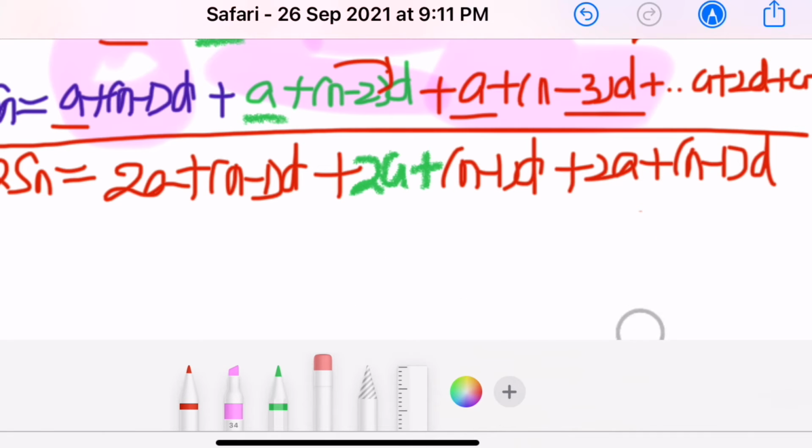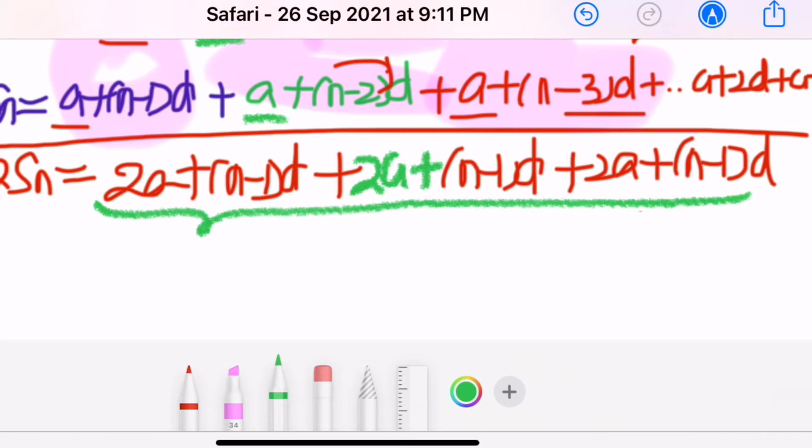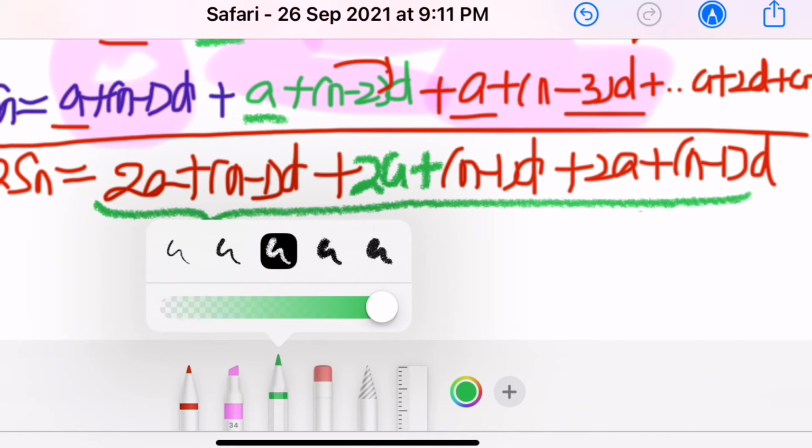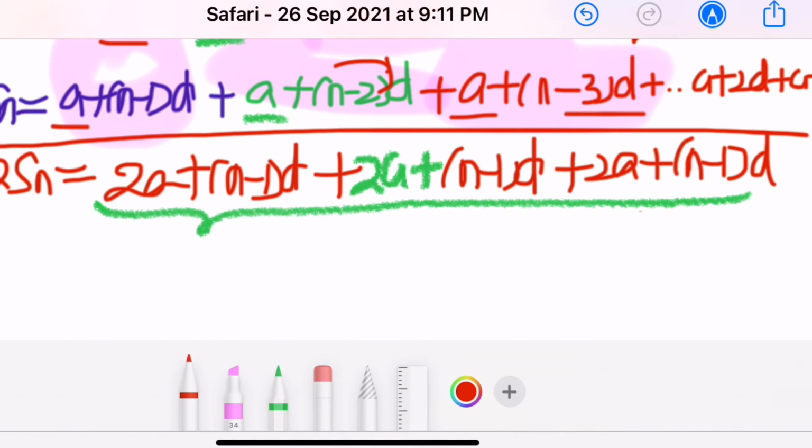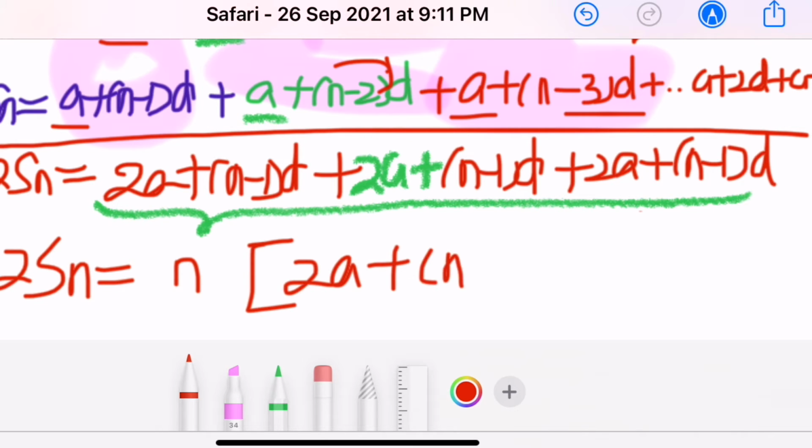In short, if I have 3 terms, I just take this 2a plus n minus 1d times 3. But if I have n terms, I sum for the n terms, so I just multiply n by this pattern number.